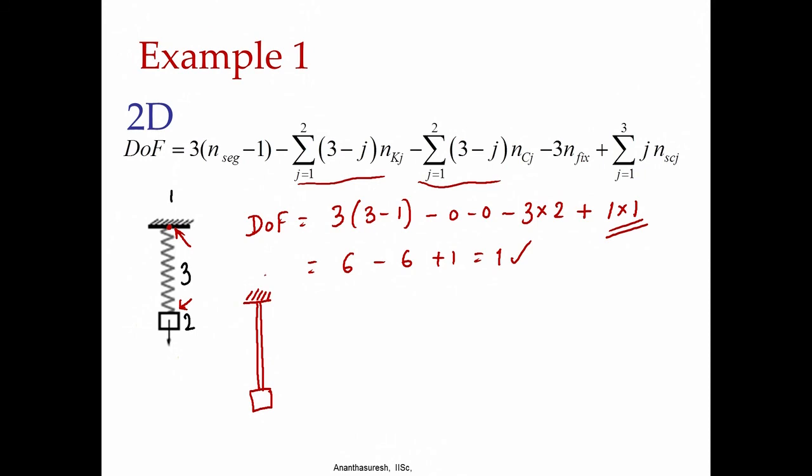If I have a bar, if I count, I will have again 3 segments. So, that does not change this number, and the fixed connection over there and over here does not change this number, it will be minus 3 times 2, whereas this number will change. Instead of 1, if I now say it has segment compliance 3, it will suddenly have 3 degrees of freedom for this one.